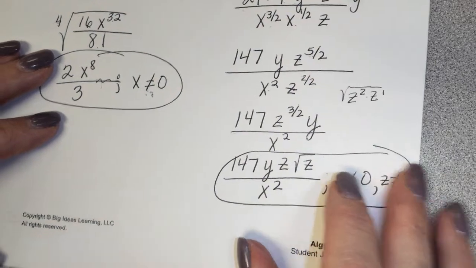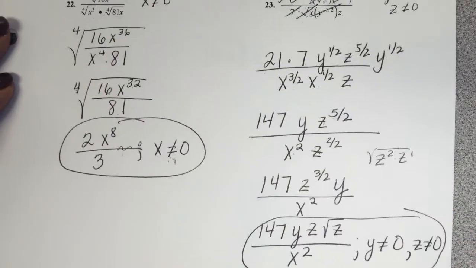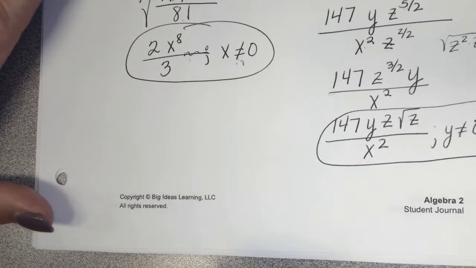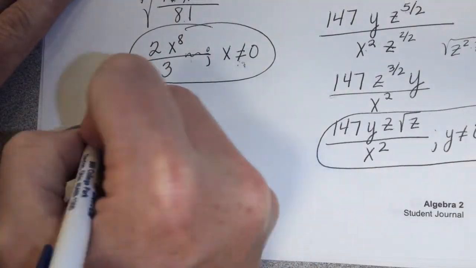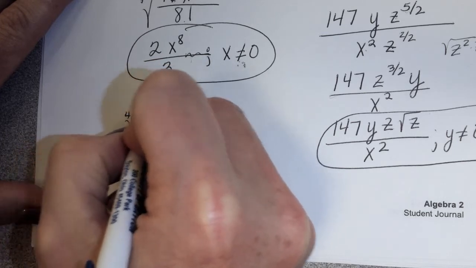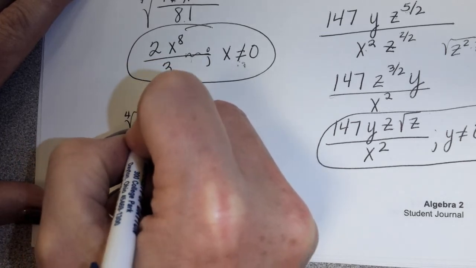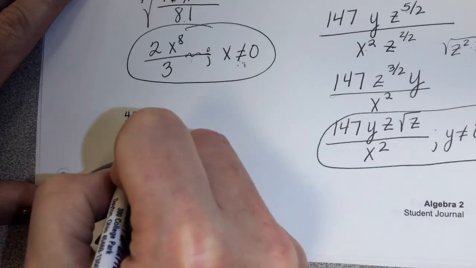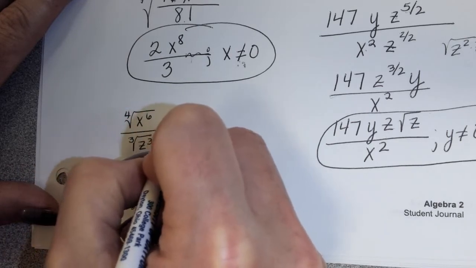Alright, so a little bit more complicated stuff, but understanding it is very helpful. I want you guys just to try one here. What if I gave you the 4th root of x to the 6th over the cube root of z cubed?